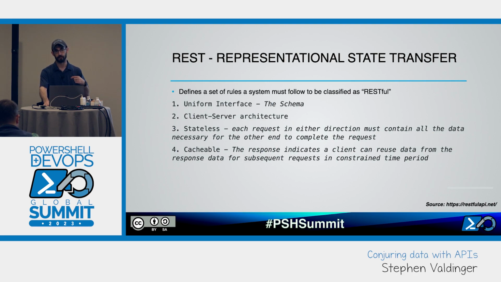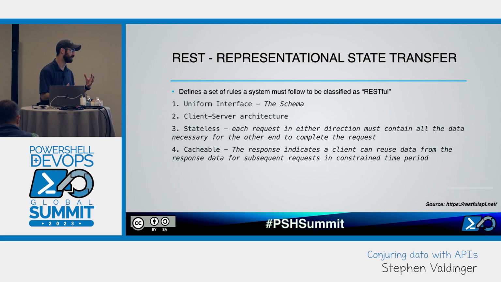Unless you're me and crazy, and we'll show you an example of how you can actually leverage a private API inside of a system if you really, really need to. So take note that a REST API has to be cacheable.